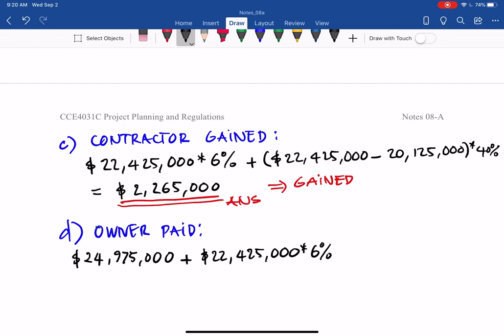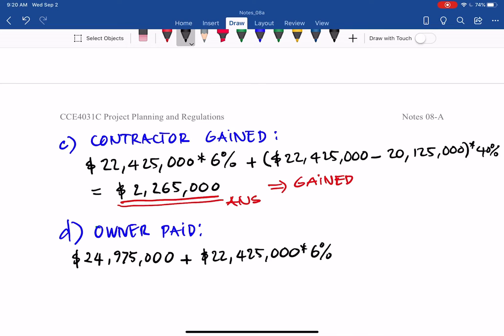And then in this case, as you can see, it's not saving anymore. This is over budget. So what is that over budget amount?